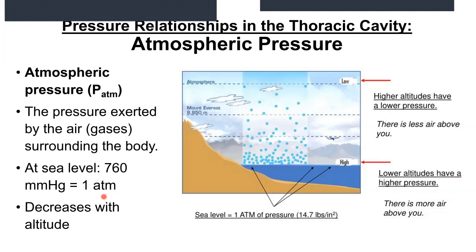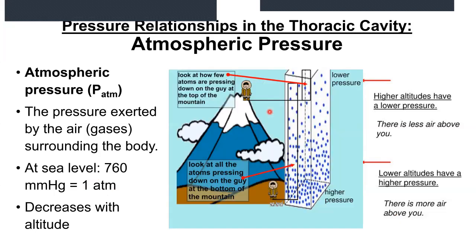Now, as you increase altitude, you can see there are fewer gas molecules above you. And so this is going to decrease the pressure. So the sort of picture I have here for you is if you're on the beach, like at the bottom of a mountain on a beach, you have all of these gas molecules above you that are pressing down on you.